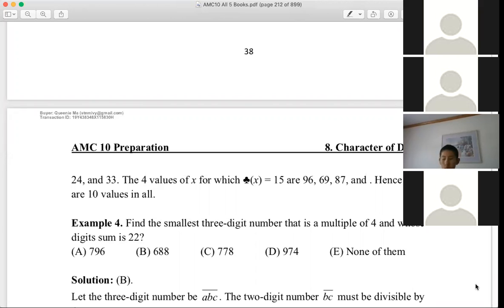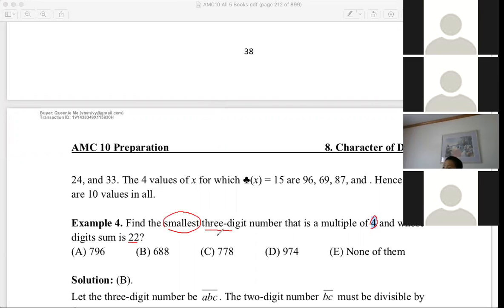I'll give everybody 2 minutes to think about this problem. Here is a 3-digit number, and this 3-digit number is a multiple of 4. First, you need to notice this is a 3-digit number, and it also asks you to find the smallest 3-digit number that is a multiple of 4 and whose digit sum is 22.